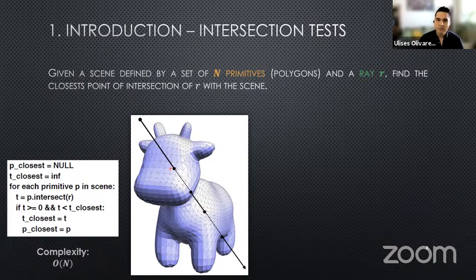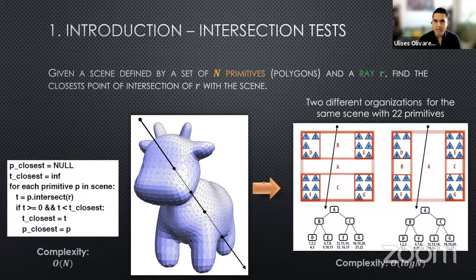That would be really hard to achieve, and we're going to have a linear complexity, a complexity of big O of n. We can decrease that complexity if we store that geometry in a type of structure that we can sort, so we can make those queries in a faster way.